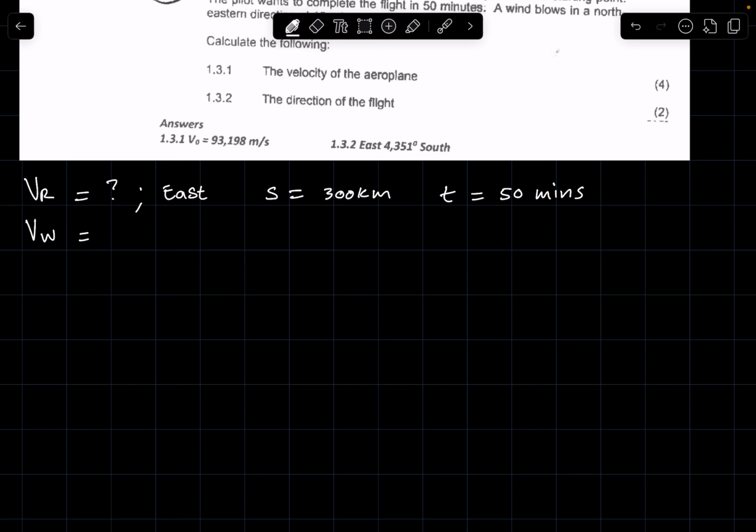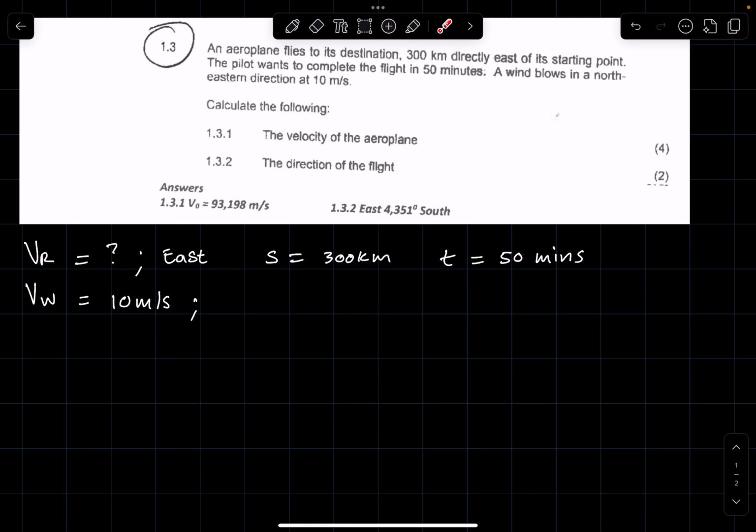As far as VW, the magnitude is 10 meters per second. For the direction, seeing that we've been given this perspective in, we use it exactly as it is, northeast. Northeast is the same as north 45 degrees east. So we have all the information we need regarding VW. That is all the information we've been given.